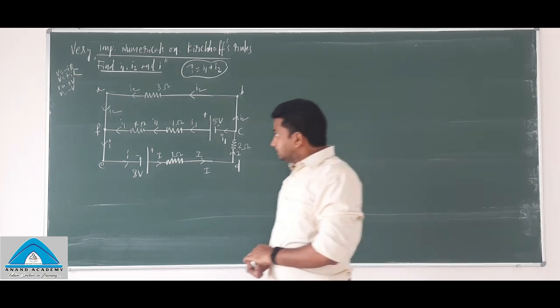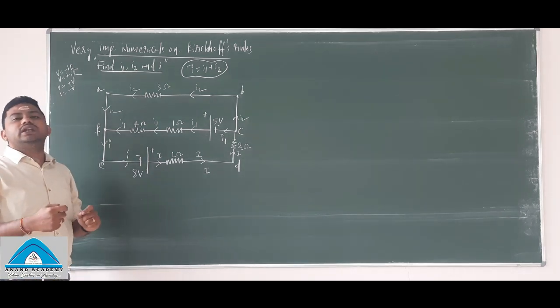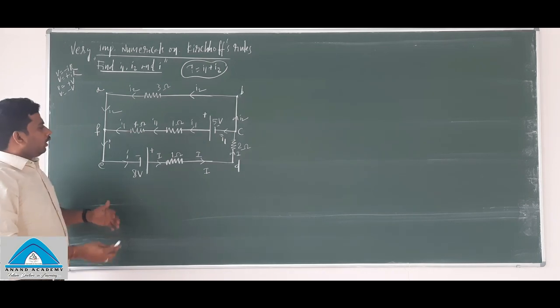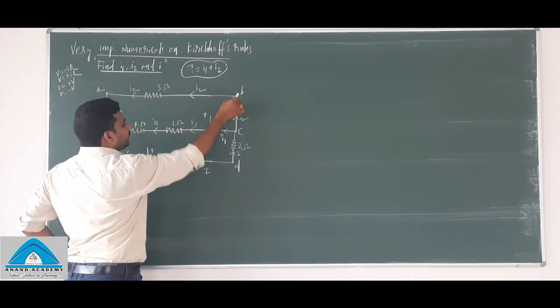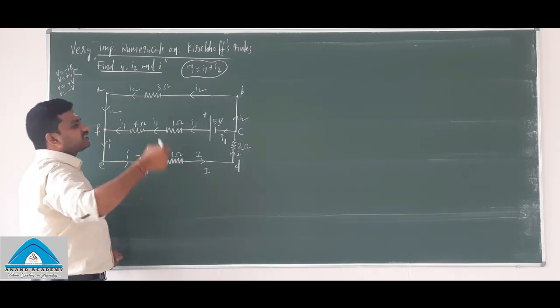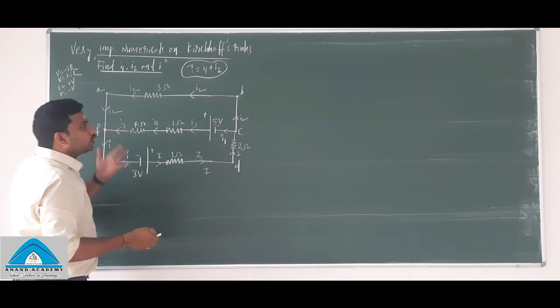Let's start. To apply Kirchhoff's second law, I had told you clearly there must be a loop of your consideration. So these are the points A, B, C, D, E, F at the different junctions, which I have marked here.